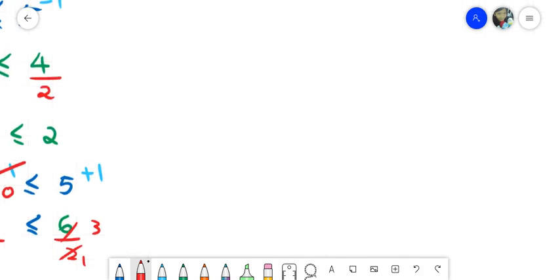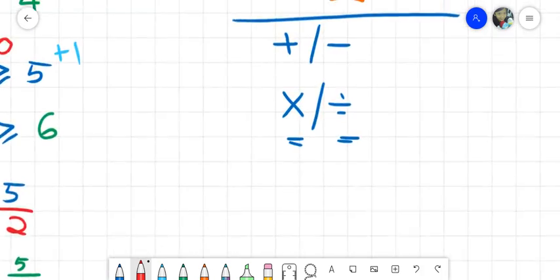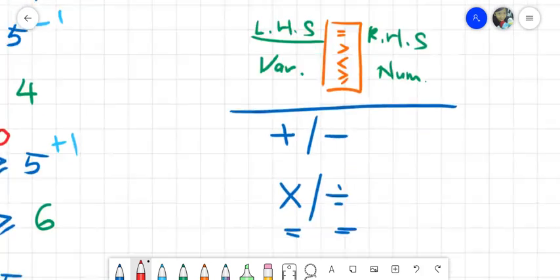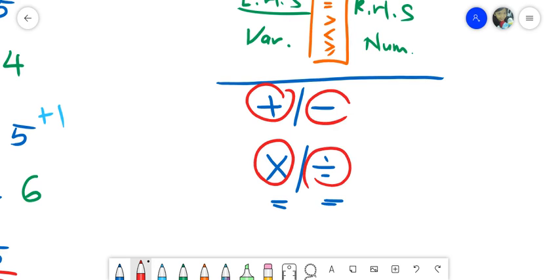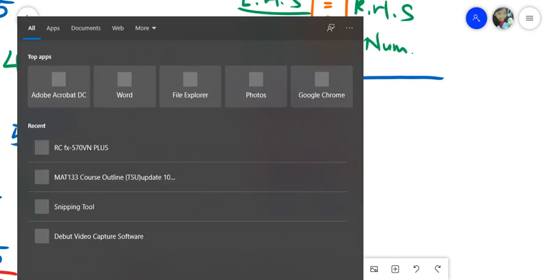Back to our remark here, the siblings. Plus and minus are siblings. Multiply and divide are siblings. Do remember this.